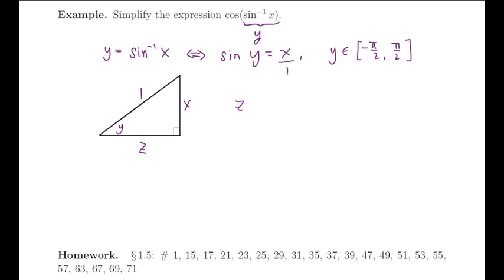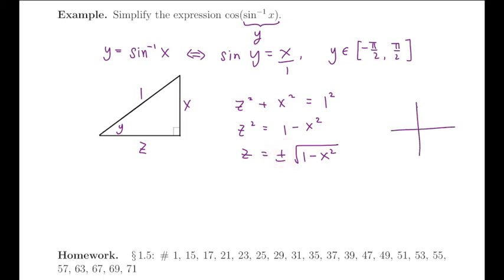The Pythagorean theorem says z squared plus x squared is 1 squared. So z squared is 1 minus x squared. So z is plus or minus root 1 minus x squared. Now only one of these signs is correct, so just like before, let's draw our unit circle to figure out which one it is.